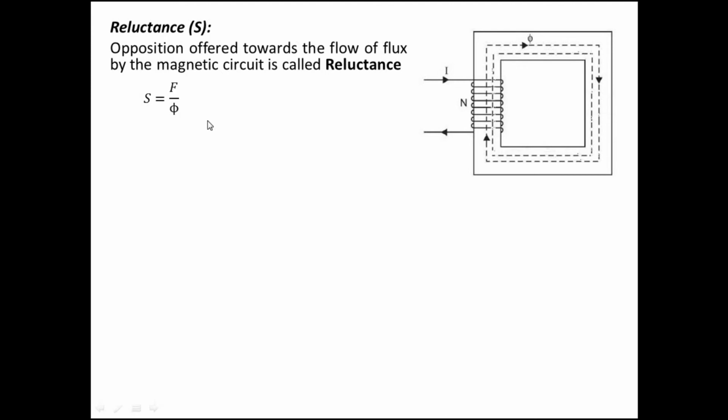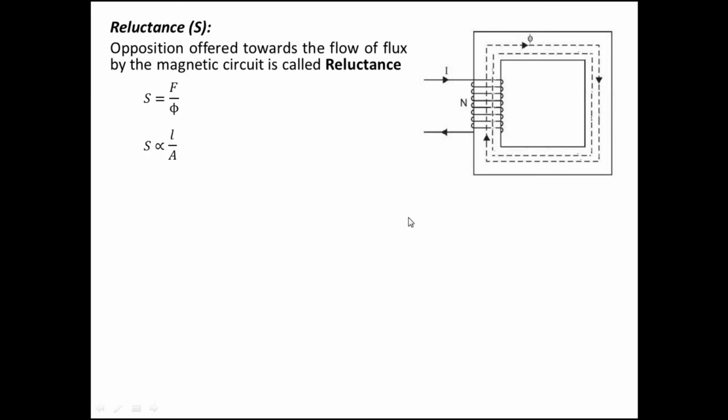Again we can say that, similar to the case of resistance, where resistance is proportional to L by A, reluctance is also proportional to L by A, meaning it is directly proportional to L and inversely proportional to A. If the length of the path is increased, reluctance will be increased.